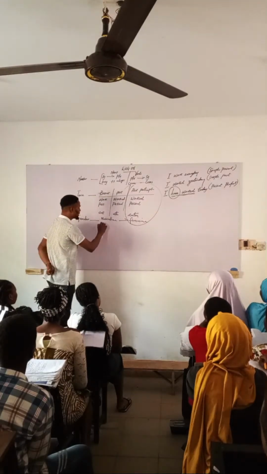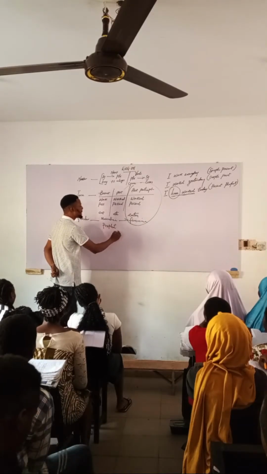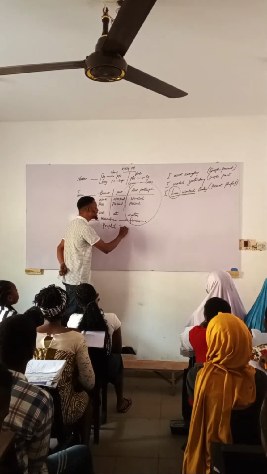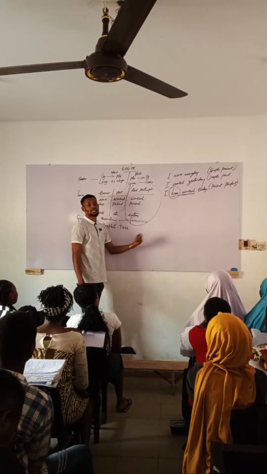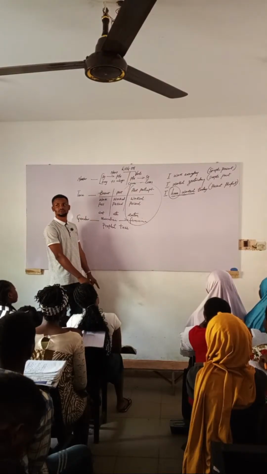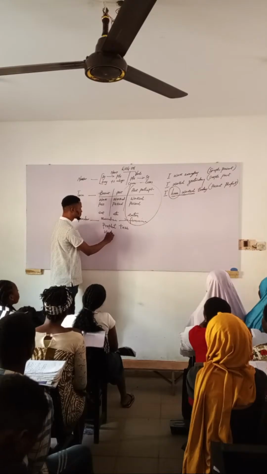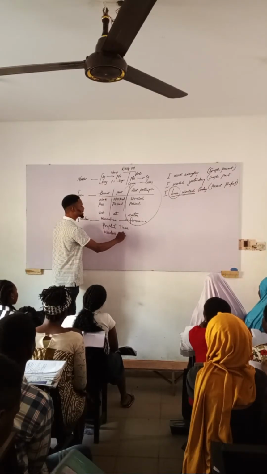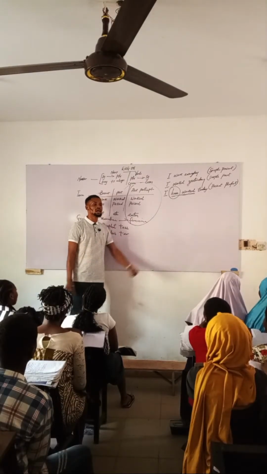For instance, if you have prophet plus the addition of ess, you can have prophetess. It has changed. If you also have widow plus the addition of er, it changes to widower.